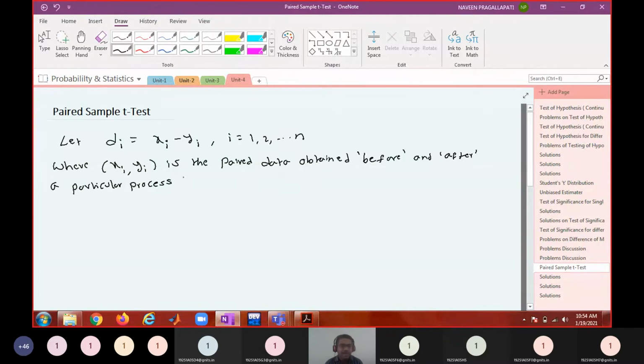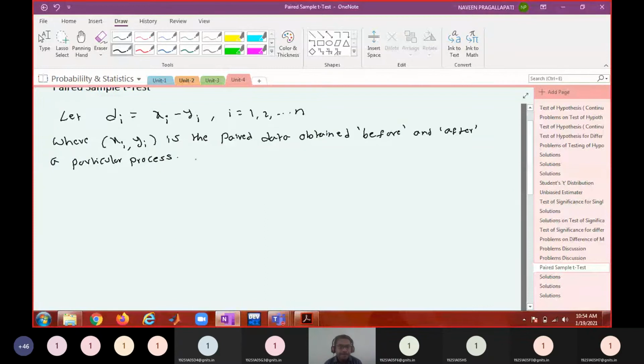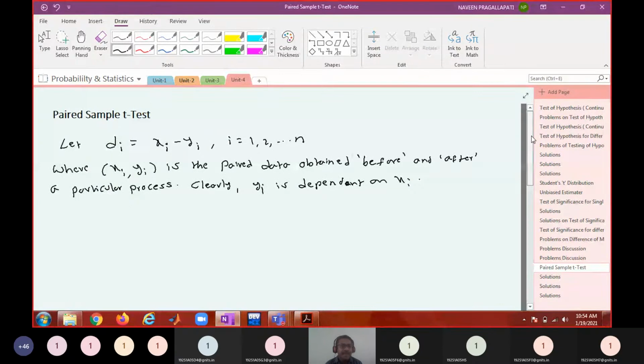So clearly yi is dependent on xi. So this data is a dependent data.